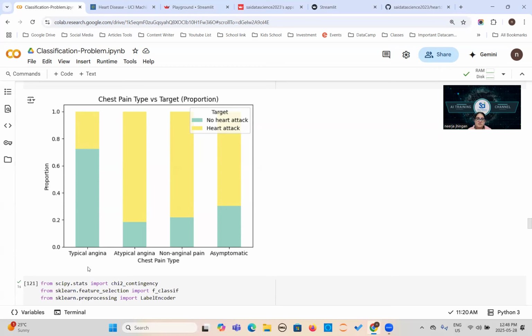There are small chances. If the patient has this kind of chest pain, there are fewer chances of heart attack. But if they have atypical, non-anginal and asymptomatic pain, they have chances of heart disease, right? Even below 20%, they have chances of heart attack if they have any of these three types of chest pain. Okay, so this is important.